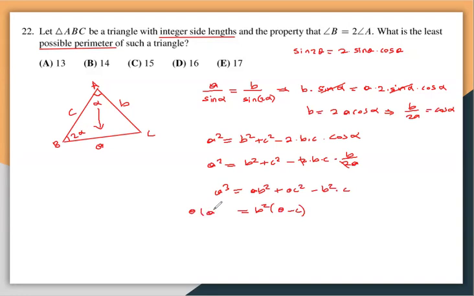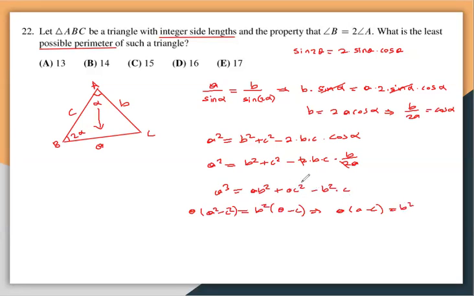So that should be a squared minus c squared. Okay, this is promising. Since this is a difference of squares, we can take this as a minus c and a plus c. So a minus c and a minus c will cancel. So you got a times a minus c is equal to b squared.